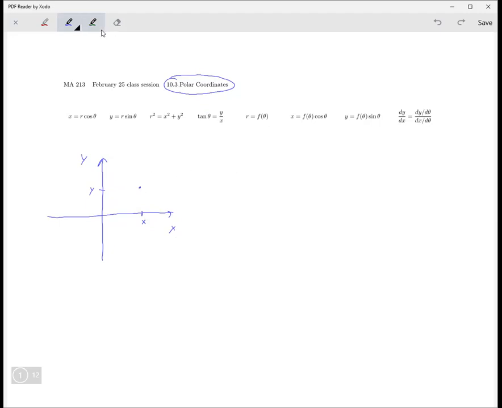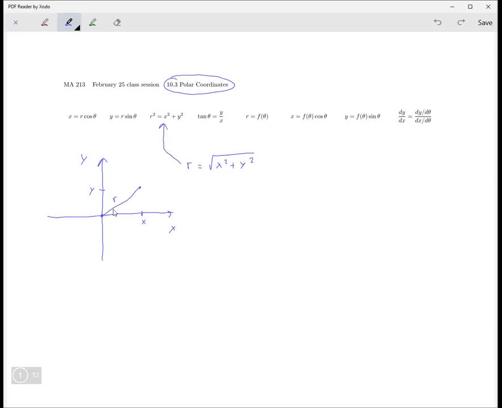Now, in polar coordinates, this point can also be described by this distance right here, which is called r. So r is the distance from the origin, which is 0, 0, to the point. That's the square root of x squared plus y squared.